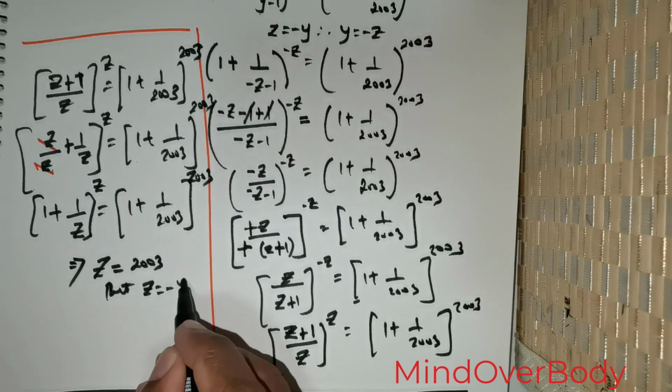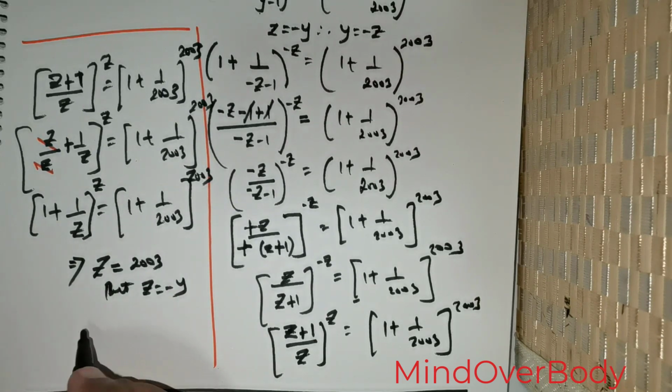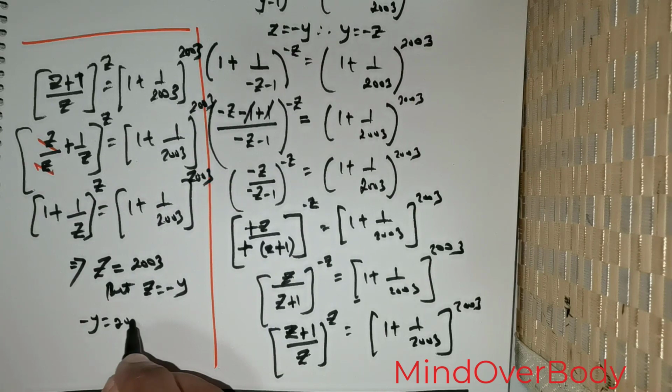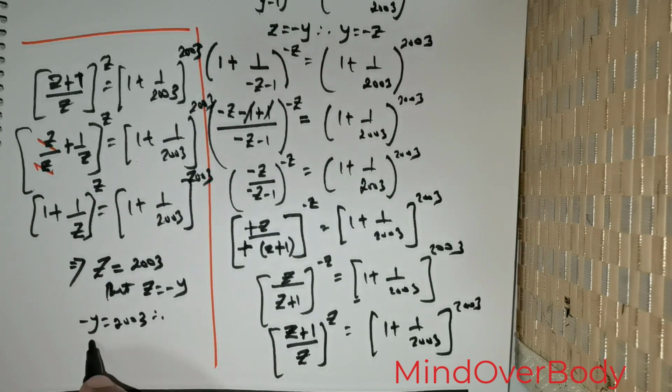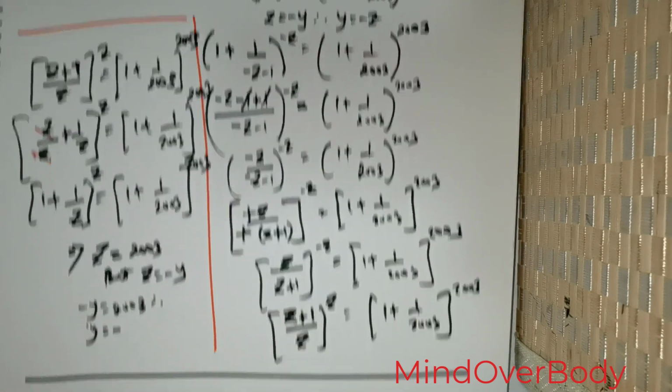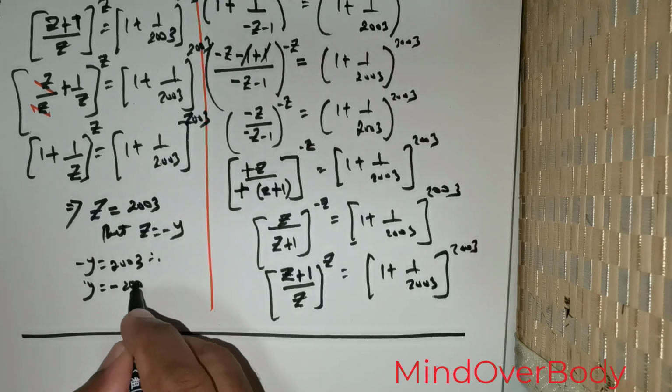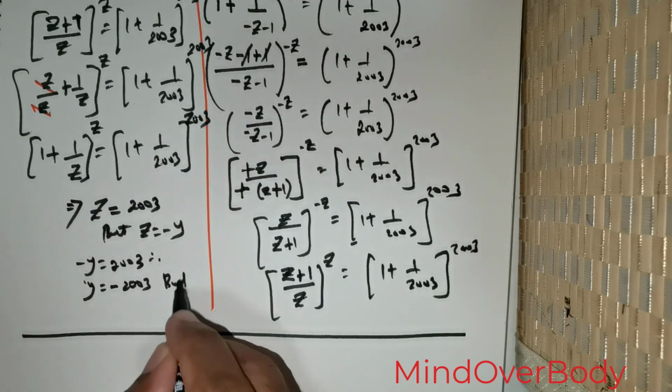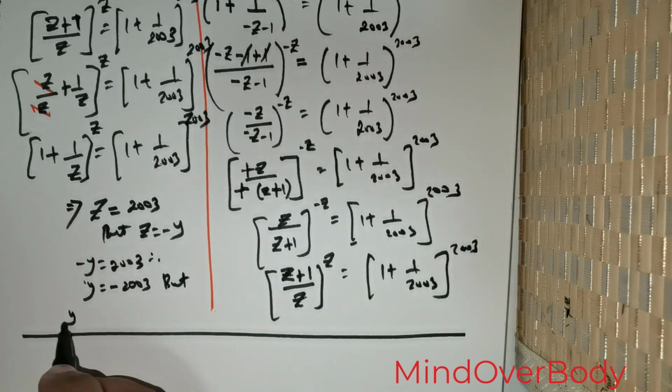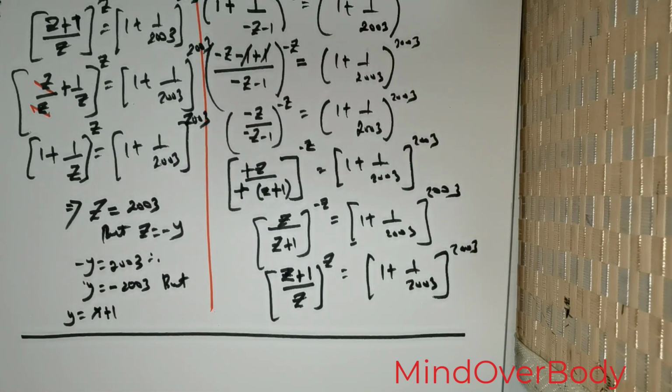But my z is equal to negative y. So if I substitute here, I get negative y is equal to 2003. Therefore, y is equal to negative 2003. But what did we choose? We chose y to be equal to x + 1.